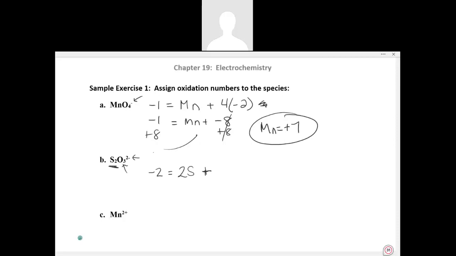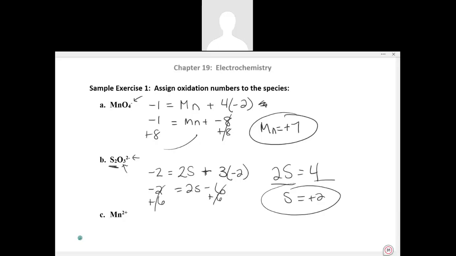And then for each of the 3 oxygens, we have a -2 charge. So if we write this out, -2 equals 2S minus 6. We'll add 6 to each side, so now we have 2S equals +4. We divide by 2. This sulfur has an oxidation number of +2.